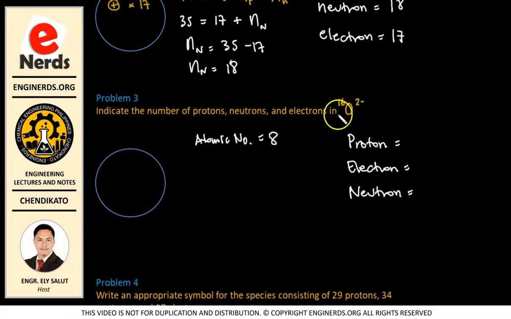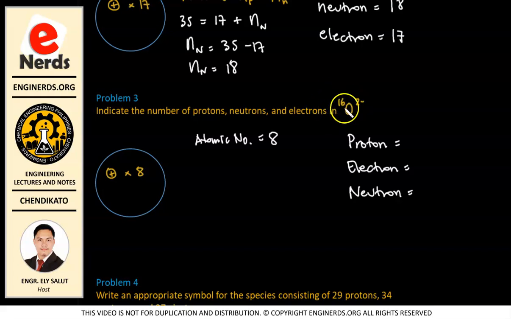So sometimes it's not written here, but it is understood because you can find that in the periodic table. So if you have an atomic number of 8, that means you have a total of 8 protons inside our nucleus. Our protons are positively charged and you have 8 inside our nucleus.